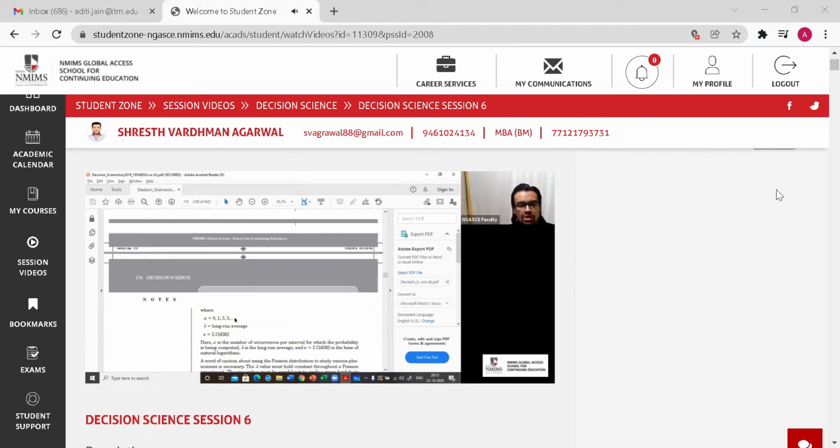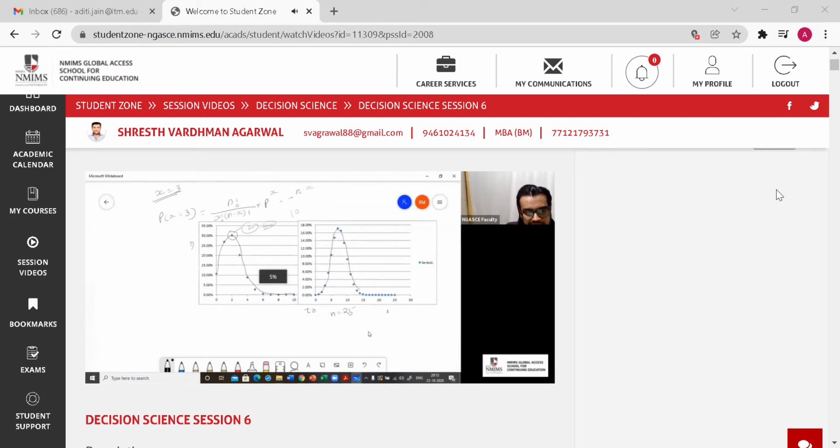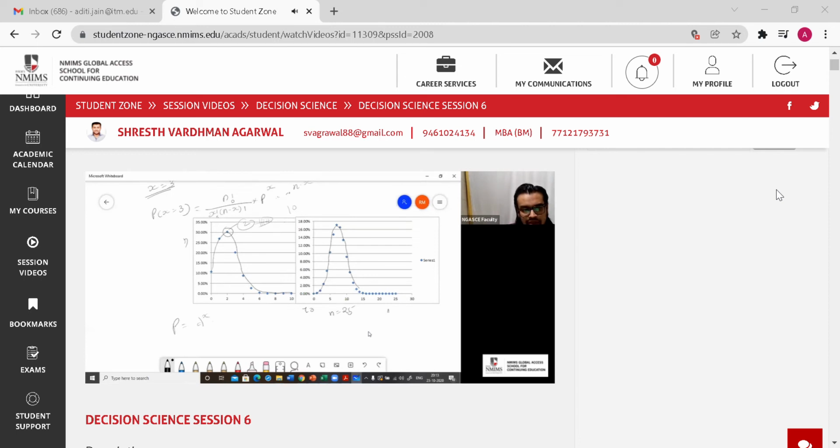Now this is the formula. Let's try to understand it. P equals lambda raised to x, times e raised to minus lambda, upon x factorial.